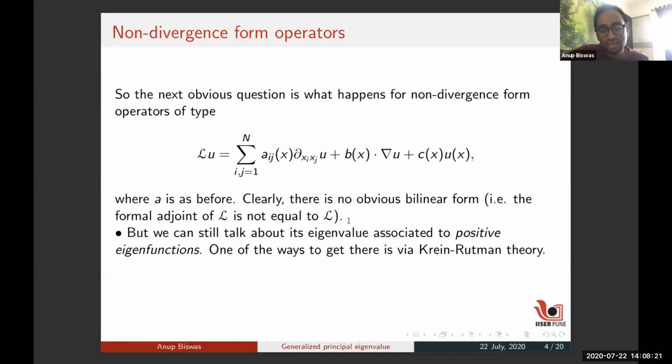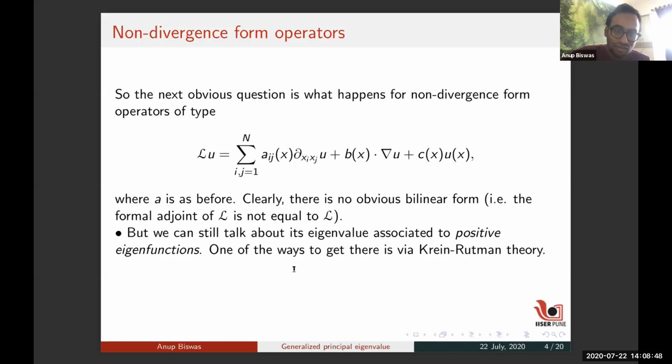Mostly we are interested, if you recall, in the principal eigenvalue, that is the eigenvalue lambda 1 having a positive eigenfunction. So let's say we are interested in eigenvalues here as well with positive eigenfunctions. Now I mentioned that one can apply the theory of compact operators and find an eigenvalue.